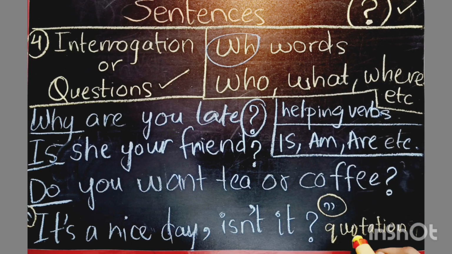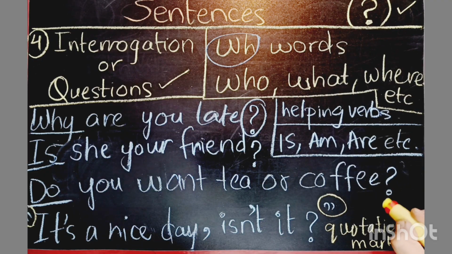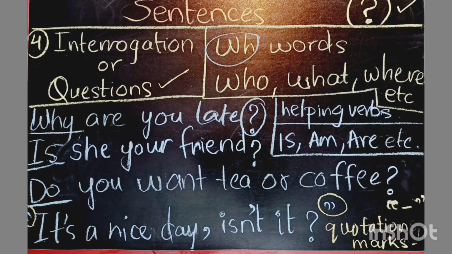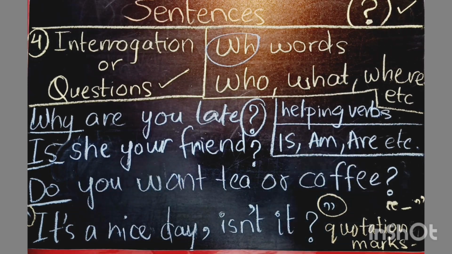So these quotation marks are really very important for question sentences or interrogative sentences. These are the apostrophes from the beginning, and they also appear in the end of the question or a conversation and direct speech.